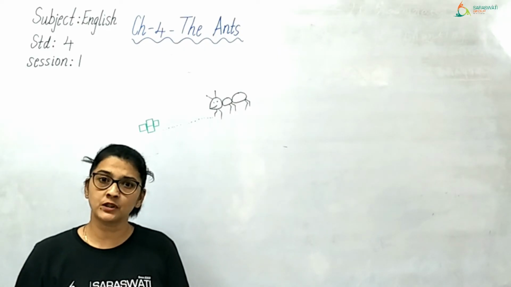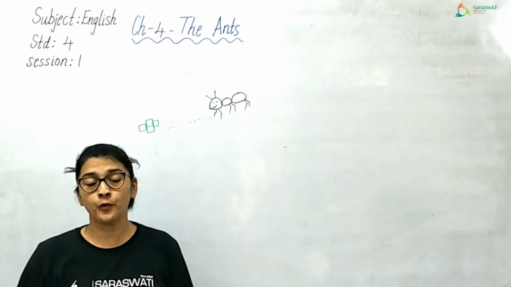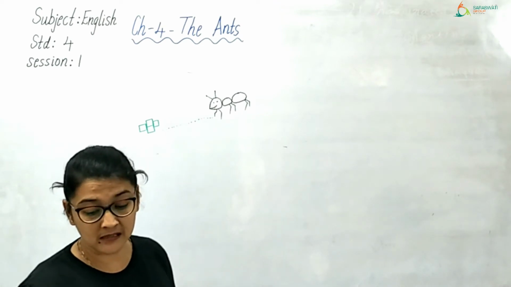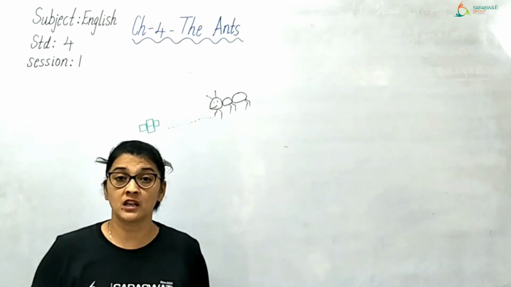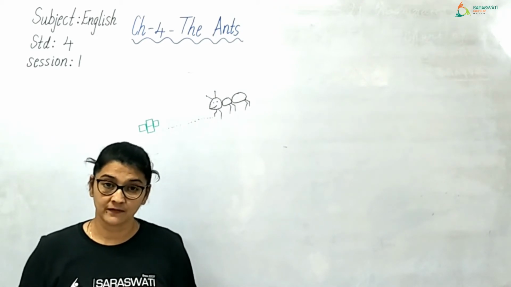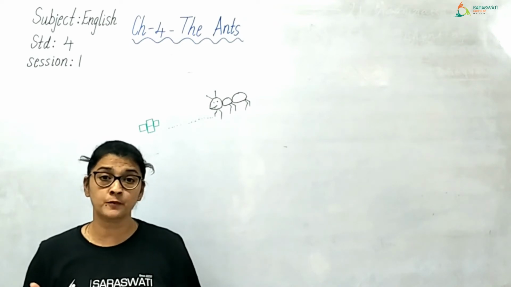Okay, after the words, let us see what is there in the poem. As we know from the title itself, the title says The Ants. So there is something which we are going to study about ants, right? Now what are the ants going to do in this poem?